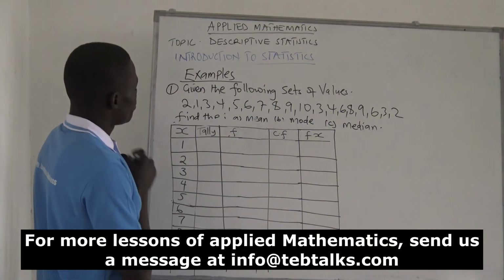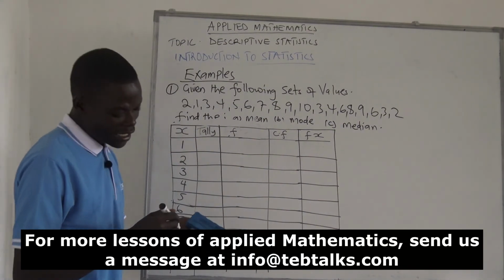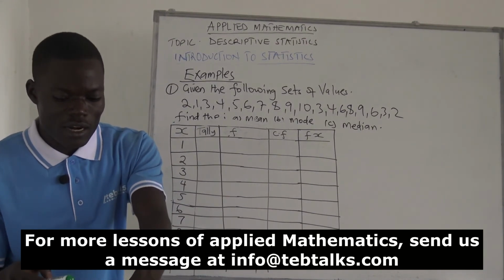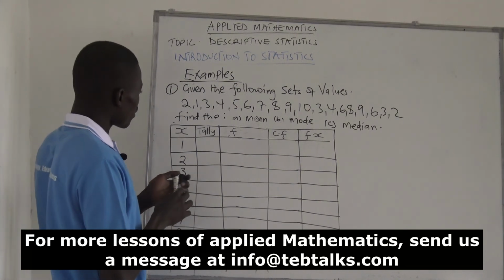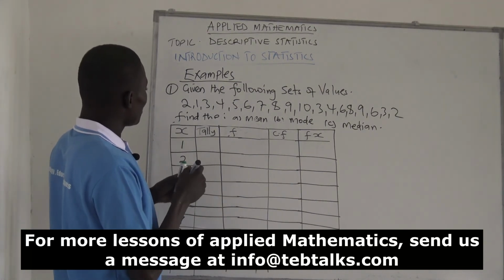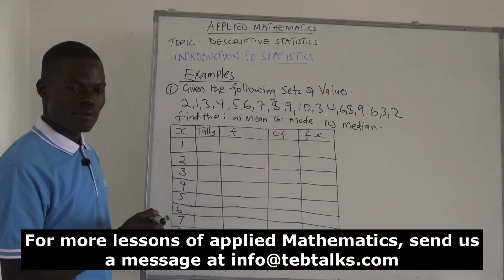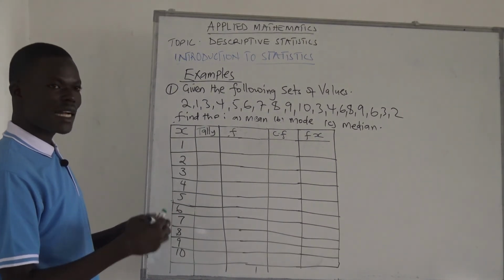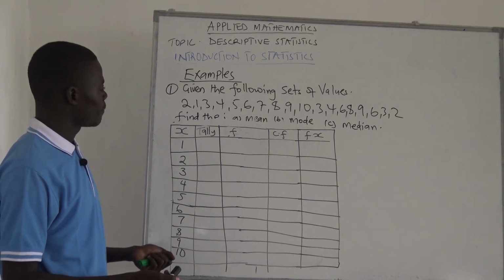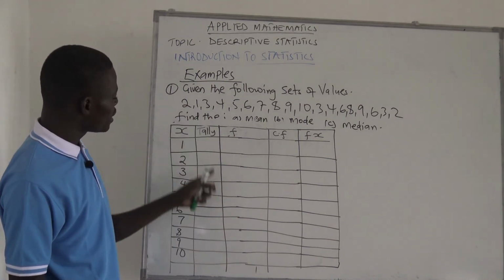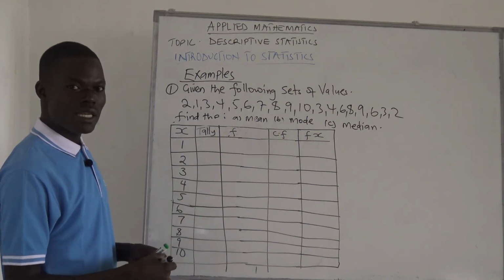So, how do we do the tally? We are going to use two different pens here. I'm going to be cancelling here and putting it where it belongs, such that I don't repeat myself. You may count 1 is here, 2 is here, and then you end up repeating yourself.